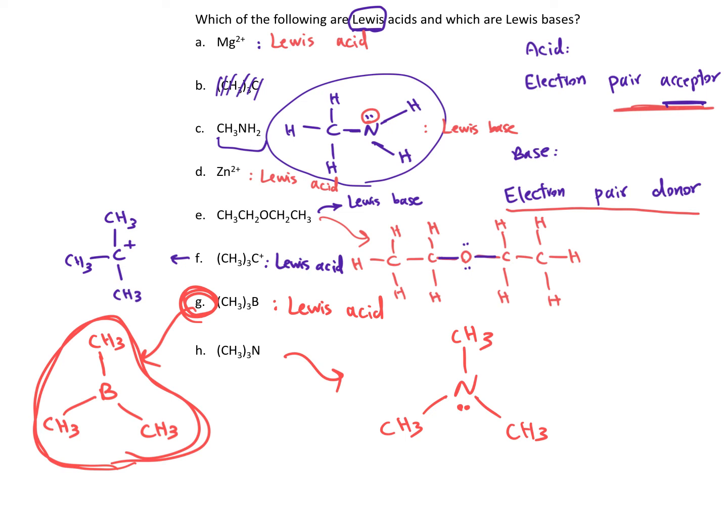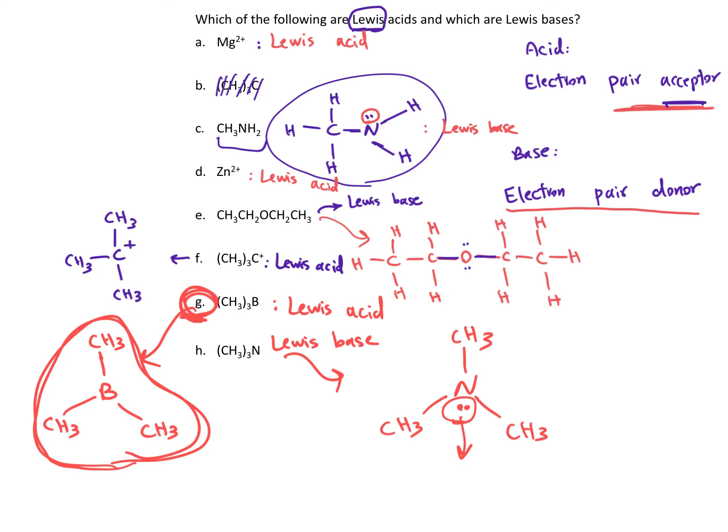So (CH3)3N has this non-bonding electron pair to donate. So would it be an acid or a base? Okay. So as I said, the only tricky one in my idea is (CH3)3B, boron, because of the exception from the octet rule. Any questions?